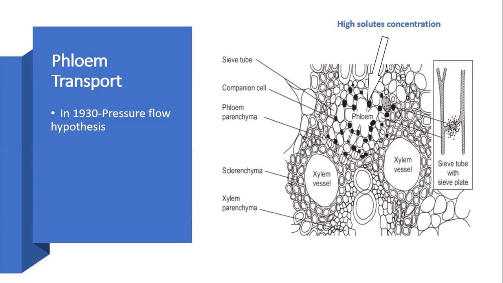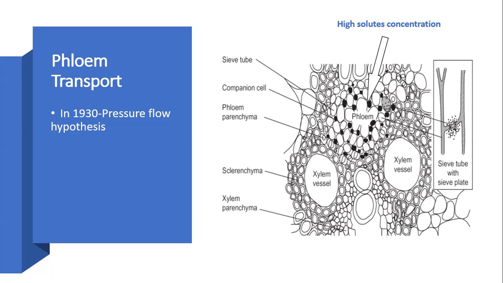That was actually presented in 1930. So what is this pressure flow hypothesis? It's very simple. It is based on osmotic adjustments. Where the osmotic potential is more negative, due to a high concentration of salts, either inorganic or organic salts, the fluid will move towards that part, because water or fluid moves from higher potential toward lower potential.